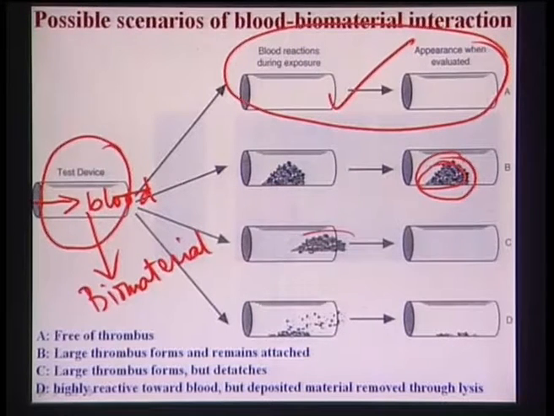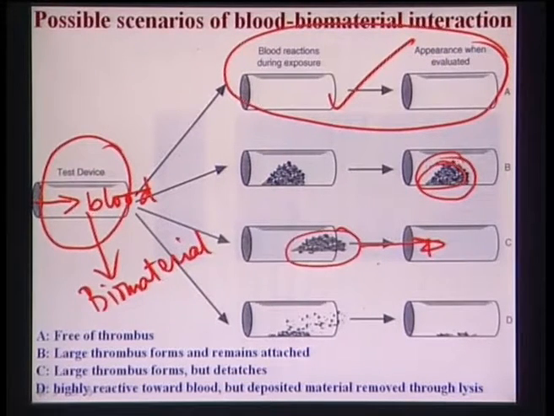In another scenario, a thrombus forms and this thrombus is getting transported. That means the thrombus is not strong enough to sustain the subsequent blood flow, because blood is flowing continuously, and if the thrombus is not strongly adhering to the biomaterial surface, then the blood will immediately take it away from the material.